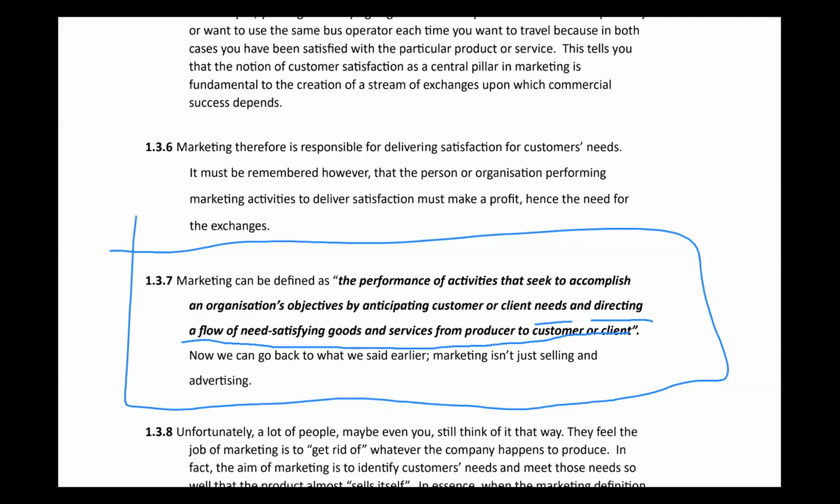This is what we may term the classic definition. That is what marketing is all about.